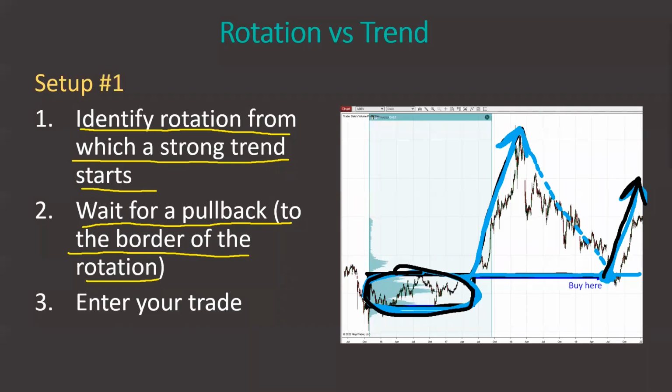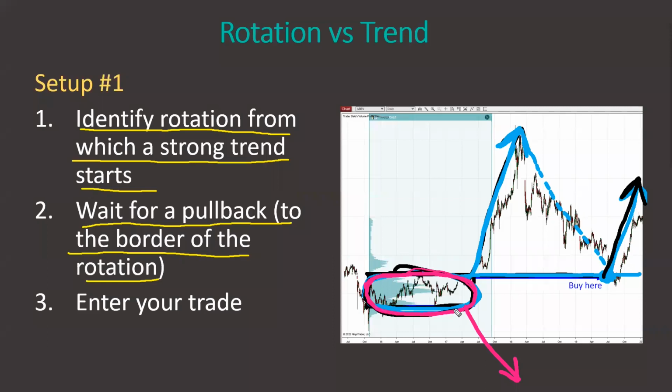Let me show you what the short trade scenario would be. Short trade scenario would be if there was a rotation like this, but from that rotation, there would be a downtrend. If there was a downtrend, that would tell us that strong sellers were accumulating shorts in here, right?